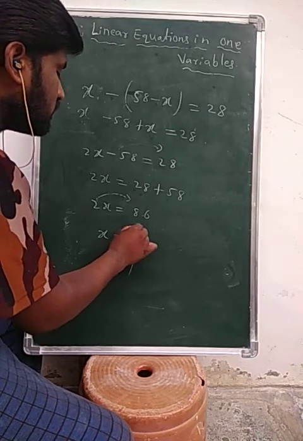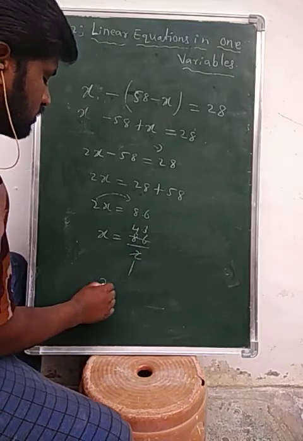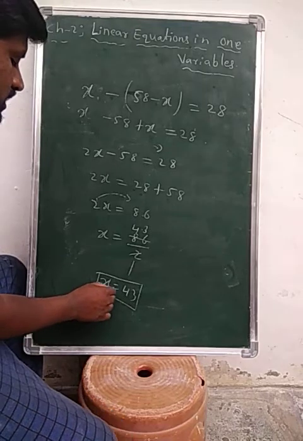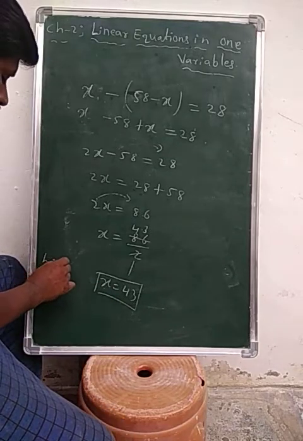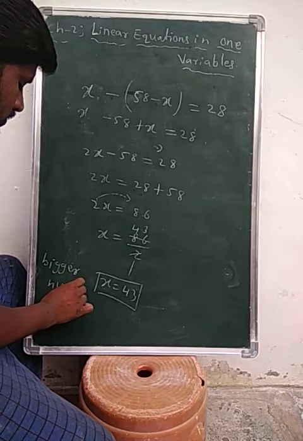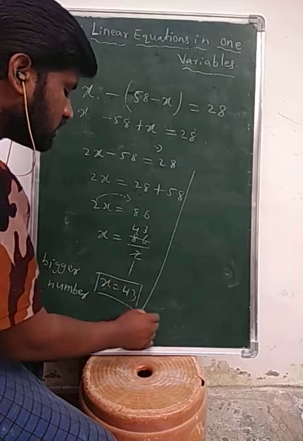2 ones are 2, 2 fours are 8, 2 threes are 6. So x is equal to 43, and this is the bigger number. Bigger number x is equal to 43. Then what is the smaller number?